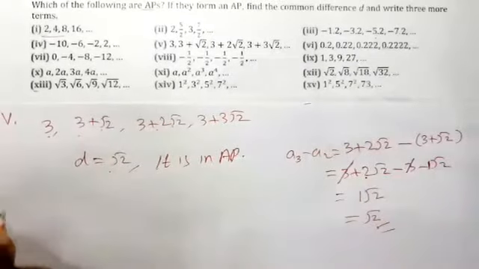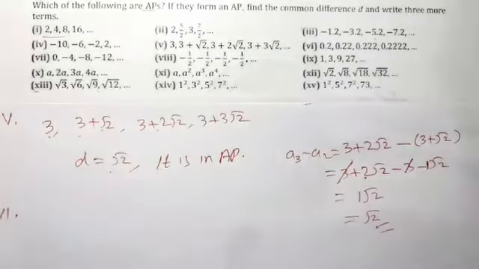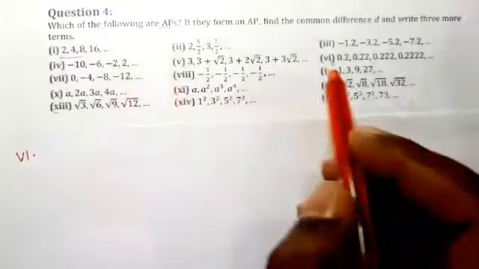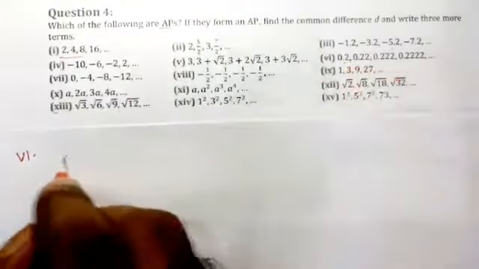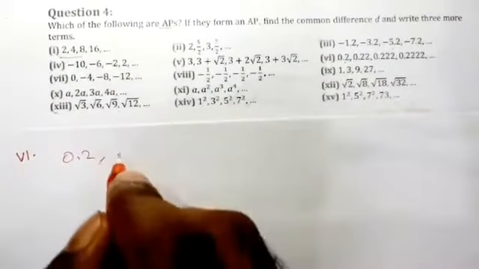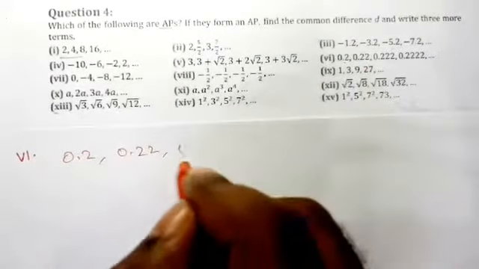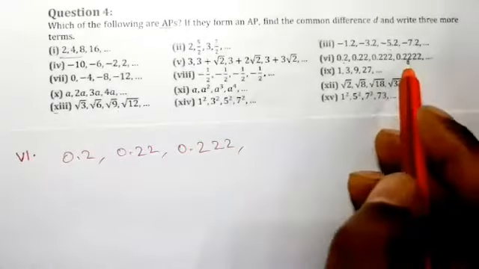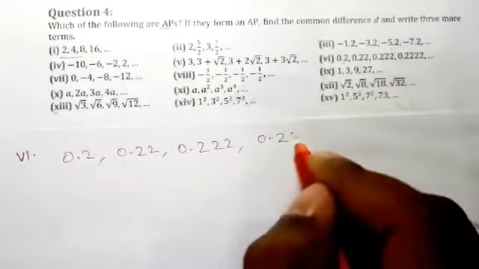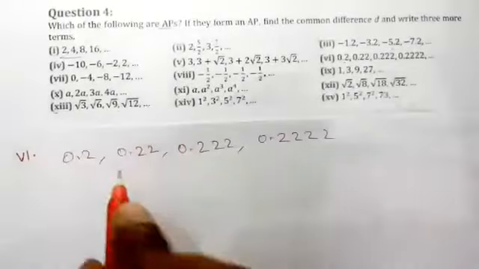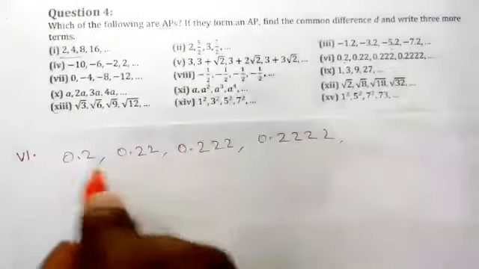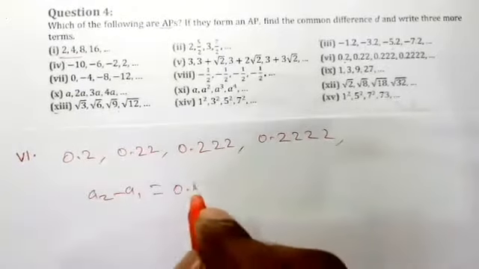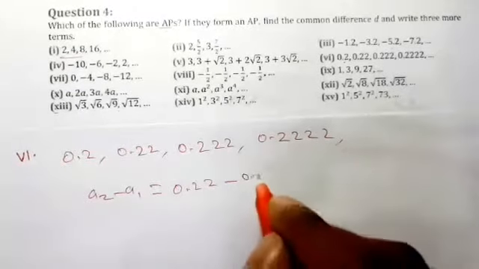Now we can go to the sixth question. Here 0.2, 0.22, 0.222, 0.2222, etc. So we can check A2 minus A1, the nearest terms difference: 0.22 minus 0.2.